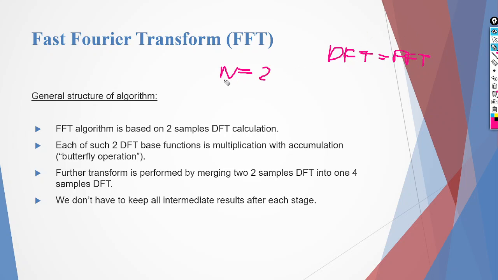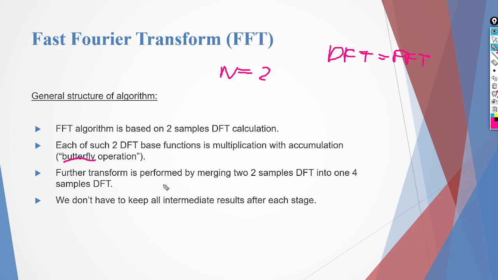So you split all your samples into groups of 2 and apply the discrete Fourier transform for these groups. Each of these base functions is called a butterfly because its graph actually resembles a butterfly.